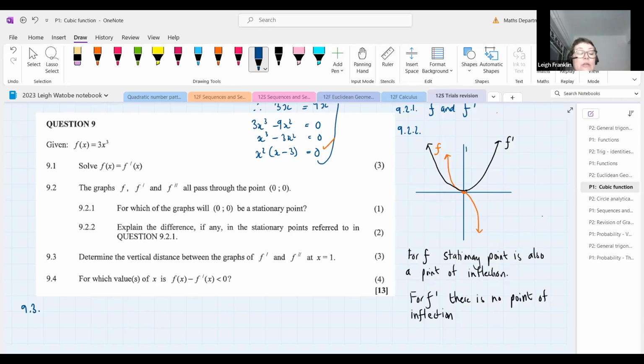In 9.3, determine the vertical distance between the graphs of f prime and f double prime at x equals 1. So how do you determine the vertical distance between any two functions on the Cartesian plane? How do you determine a vertical distance?